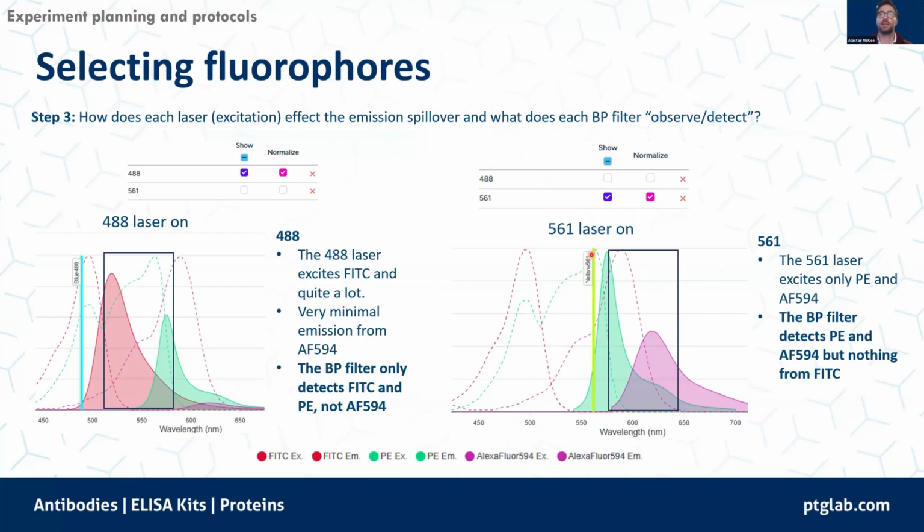But we do maximally excite PE, and we also excite Alastair 594 to a degree, and both of those are being picked up. So we need to be aware that in 488, our filter is detecting FcZero and PE, but not Alastair 594. And in our 561 situation, our bandpass filter is detecting PE and Alastair 594, but nothing from FcZero.